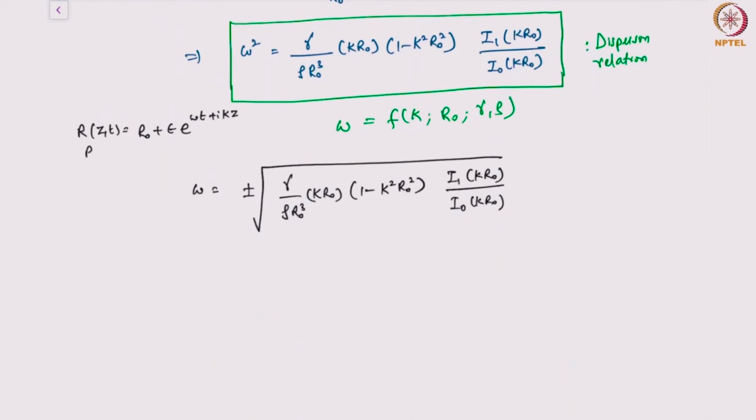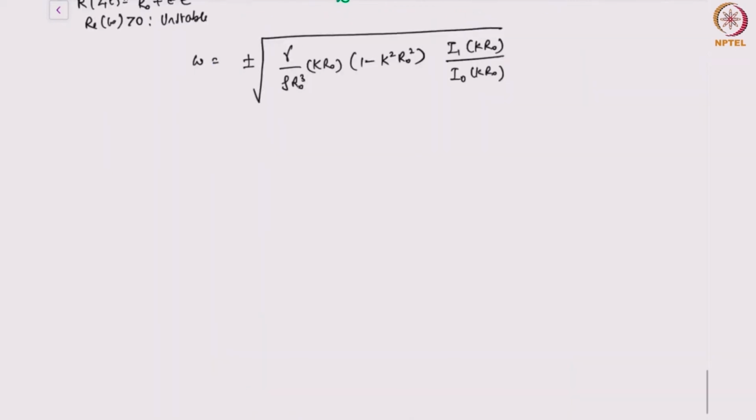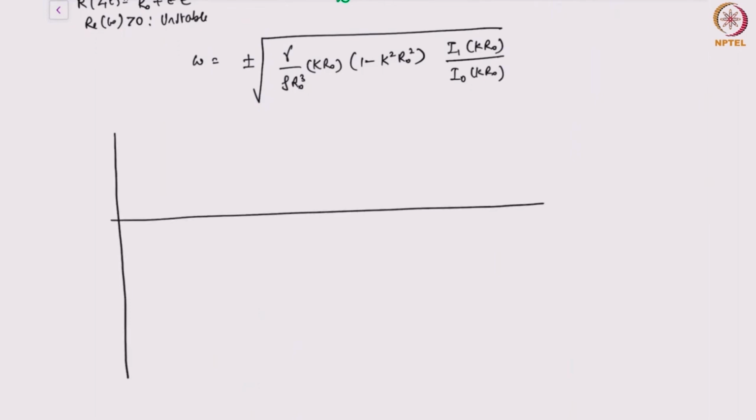Real part of omega greater than 0 means we have an instability. The flow is unstable. Let's see how this flow actually looks. Let's make some sketches here of this dispersion relation. So I have k r naught. I want to plot the real part of omega here.